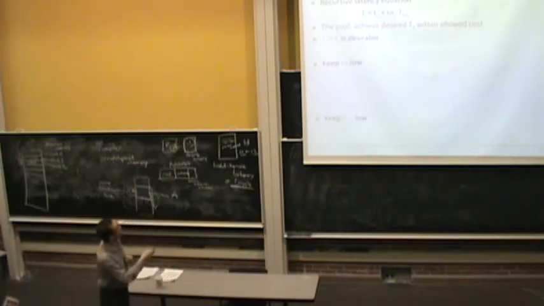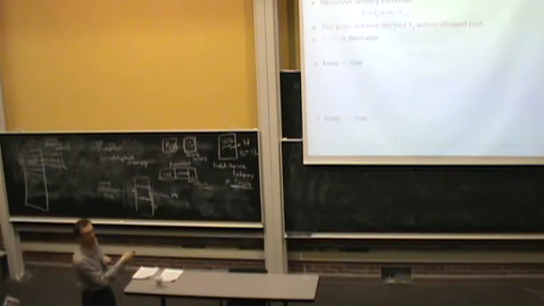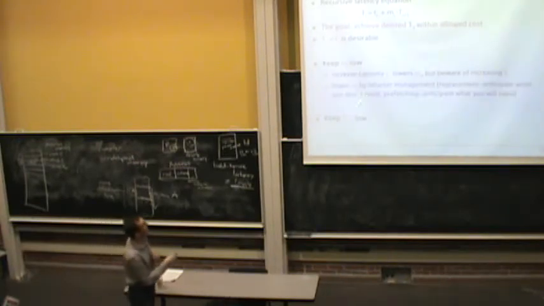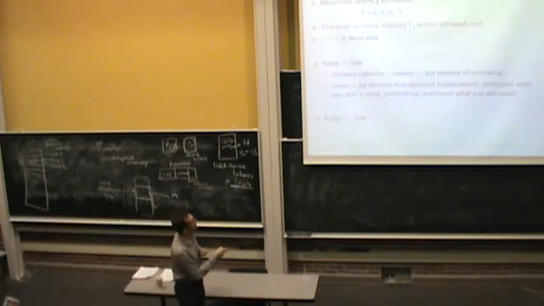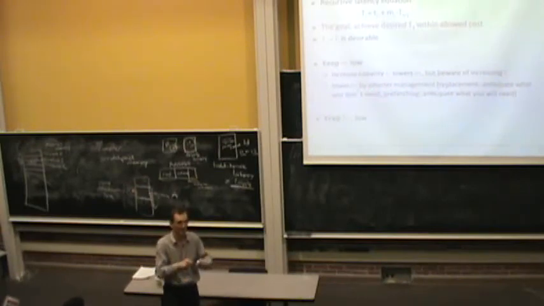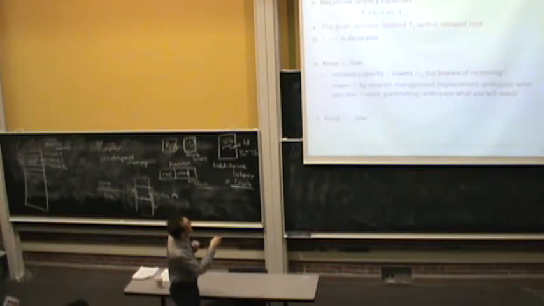So what do you normally try to do? You normally try to minimize the miss rate at any level. How do you do that? You can increase capacity, which lowers the miss rate, but this increases the time. So you usually use smarter management techniques within the cache, such that you don't significantly increase the hit time, but you reduce the miss rate.